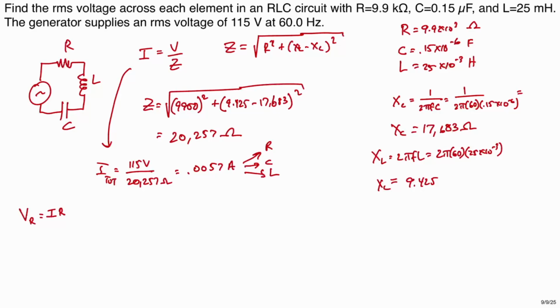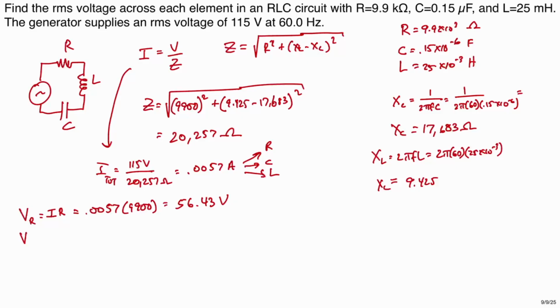This is good old-fashioned Ohm's law stuff, right? So that's 0.0057 amps times 9,900 ohms gets me 56.43 volts. So the average or RMS voltage across that resistor is 56.